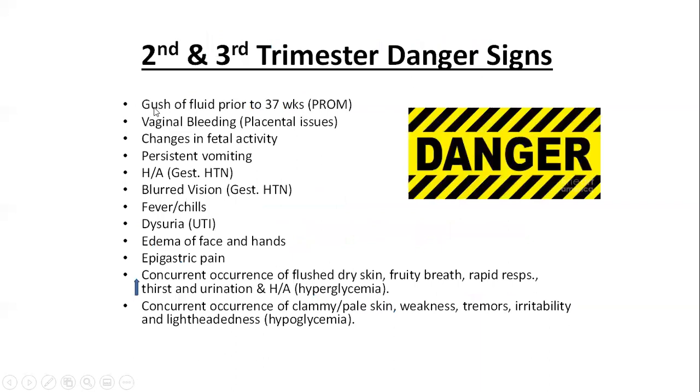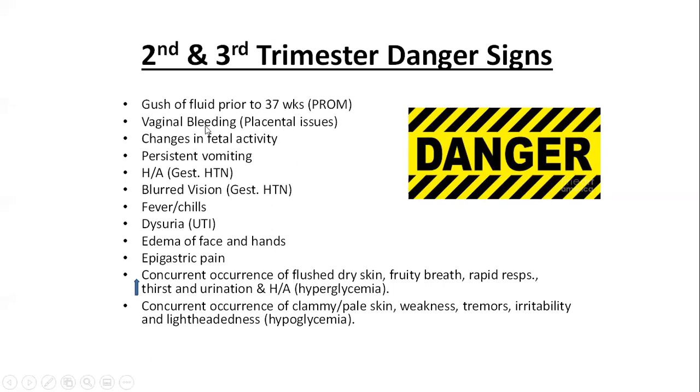Now the second and third trimester danger signs. Here we see fluid loss prior to 37 weeks, which we call premature rupture of the membrane, or placental issues like placenta previa and abruptio placentae.